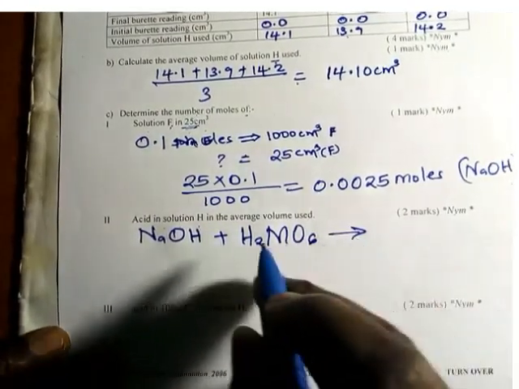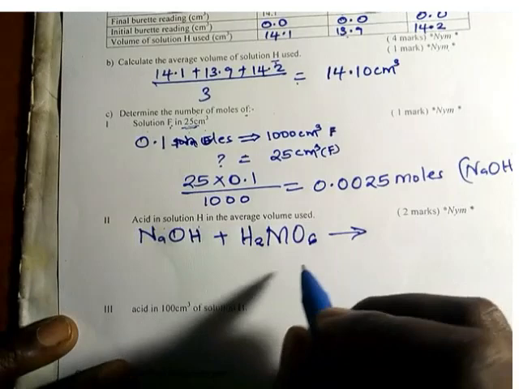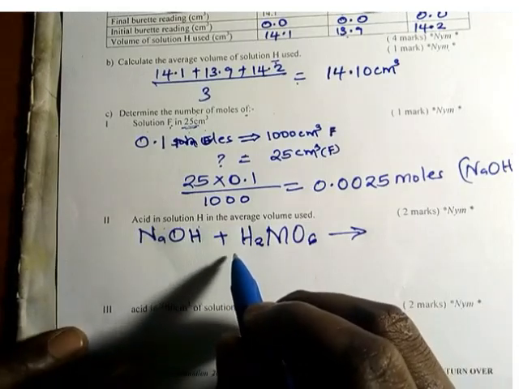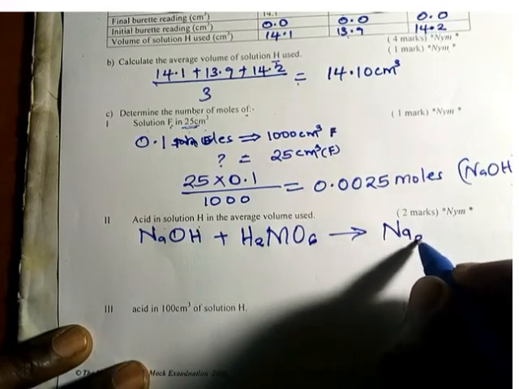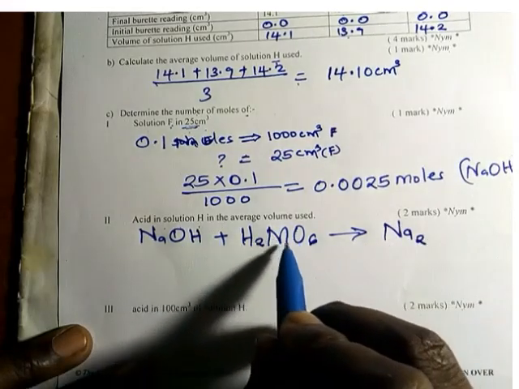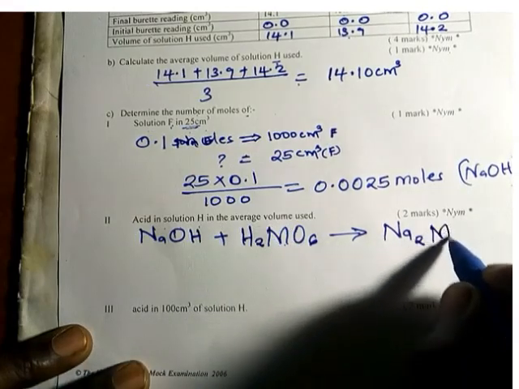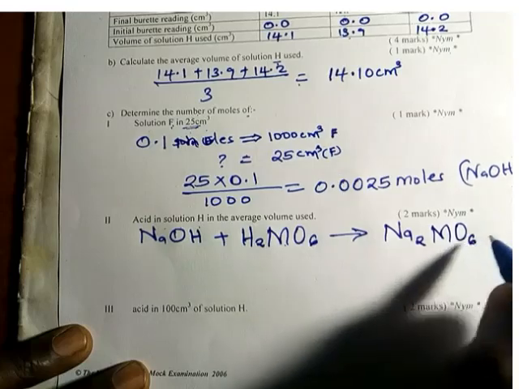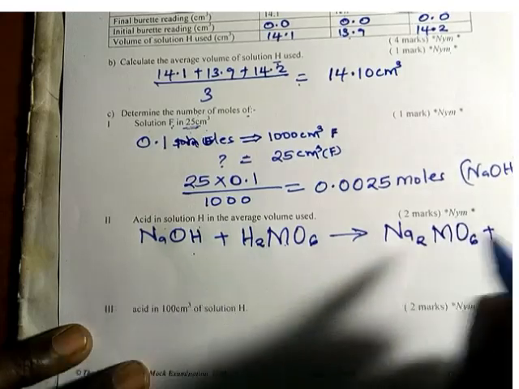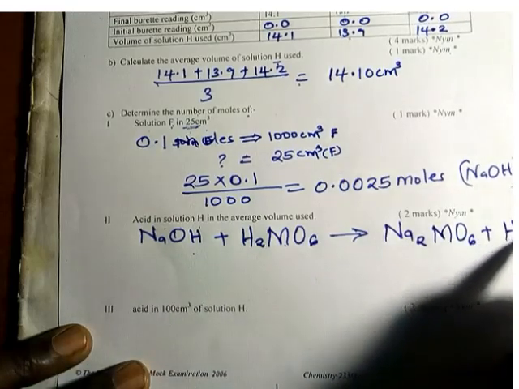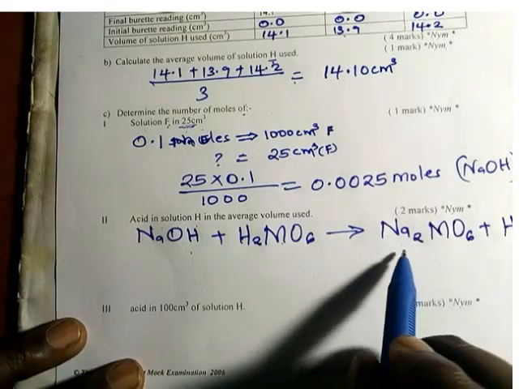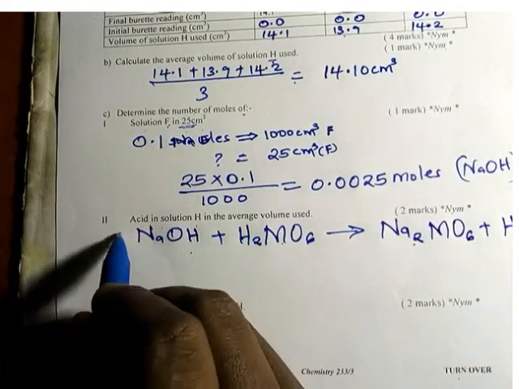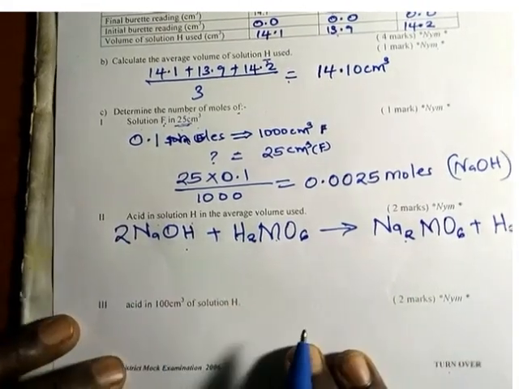I told you this one is like sulfuric acid, so you write the equation the way you would have written it using sulfuric acid. You will have sodium sulfate, but instead of sulfate, you write MO6, plus water. It is a salt plus water reaction because this is neutralization. But since sodium here is 2, you balance by writing 2 here, and that is it.